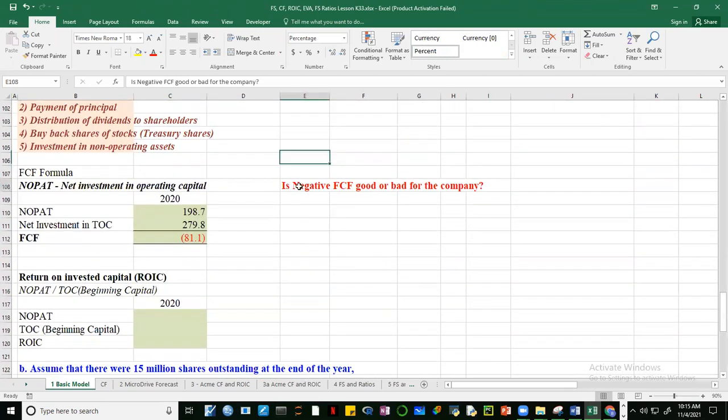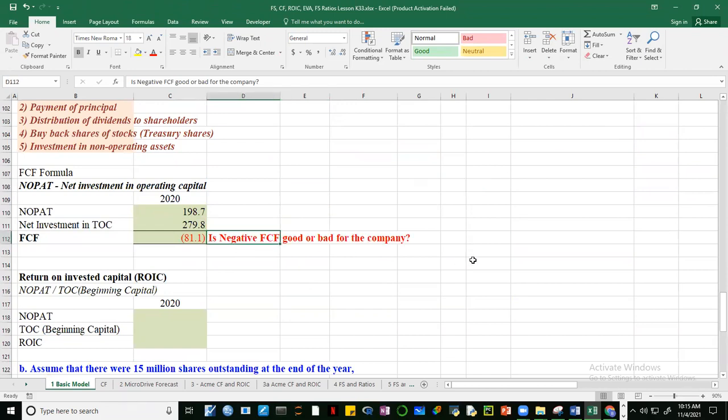Okay, so I hope that's clear, guys. As to the question, is negative free cash flow good or bad for the company? It takes layers of analysis. But since there are only two items here, we will have to dig deeper and see how was NOPAT of the company. And secondly, how was the net investment in TOC? Now, does it necessarily mean, guys, that a positive free cash flow is always good?